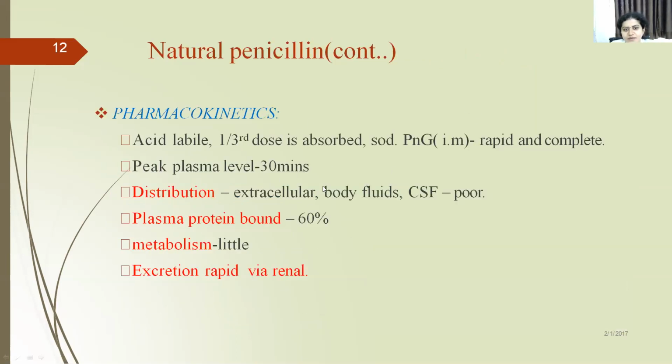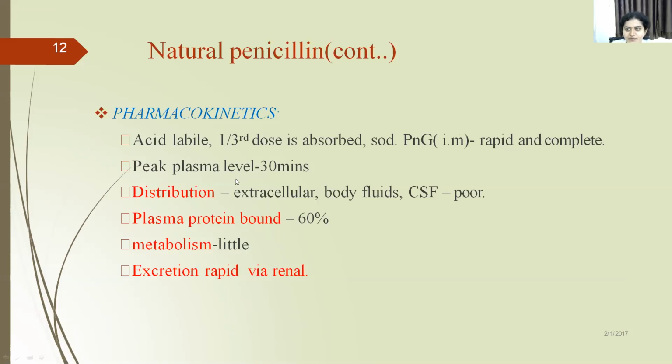Now coming to the pharmacokinetics of the acid labile group, only one-third of the dose is absorbed. Sodium penicillin G is given intramuscularly. If you give it intramuscularly, there will be rapid and complete absorption. Because it is acid labile, it gets destroyed by gastric acid, so only one-third will be absorbed orally.